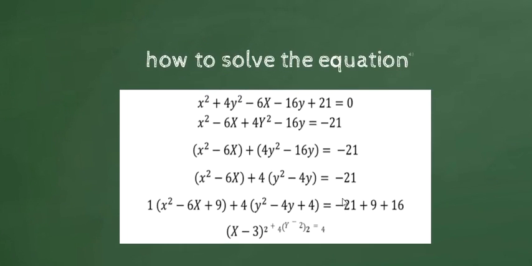To develop the equation of the ellipse, we will first transform this equation to bring it to the equation of an ellipse. Next, we are going to complete the perfect square trinomial that is within each parenthesis. We are going to complete the expression with a third term.